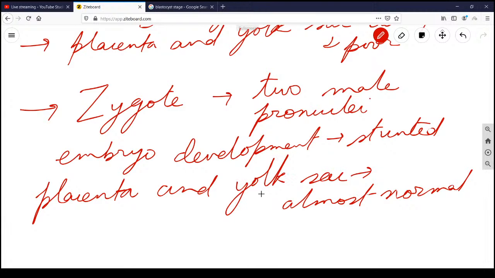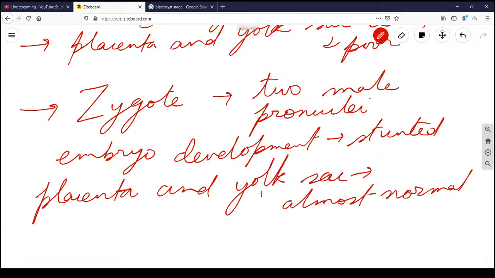Now, what does it mean? It means that the imprinting is epigenetic, that is, how much of the genes are expressed. So if female and male both have genes expressed differently, and you put two female, the expression will be the same, and that will lead to the yolk sac and placenta developing in a very, very stunted way.